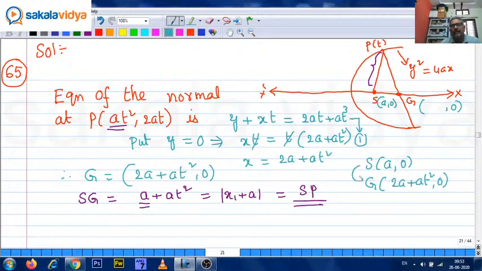So the distance between them, as y coordinates are equal, is the difference of x coordinates: 2a minus a plus at square. This at square is the x coordinate of this point, so I have written x1 plus a. This is the focal distance, so SP.